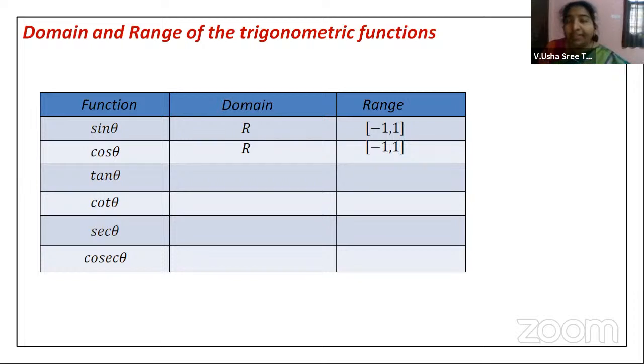Then tan theta, what did you observe in the tan graph? Exactly at 90 degrees in the tan function, the function is not defined. That means from the real number set, you need to remove all those values at which the function takes infinity. Then you can define the domain of the function, right?